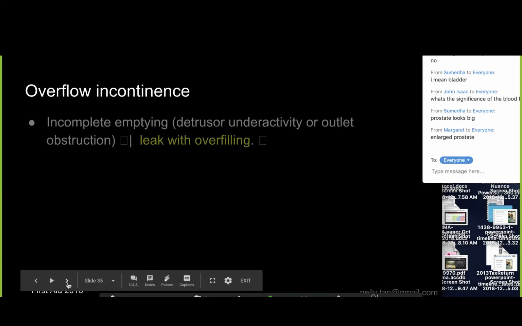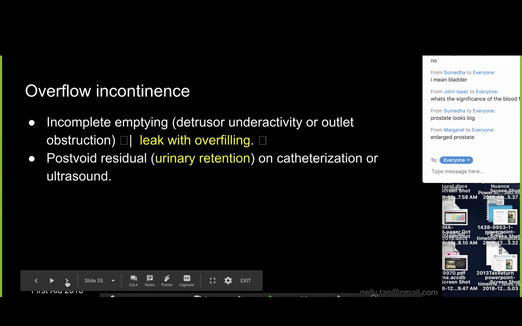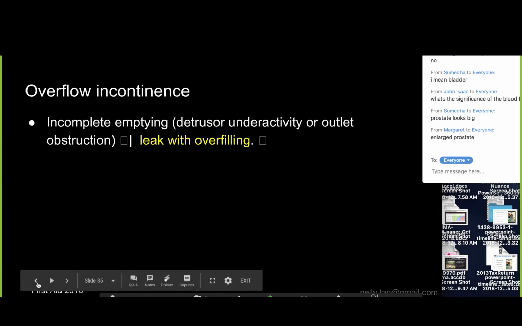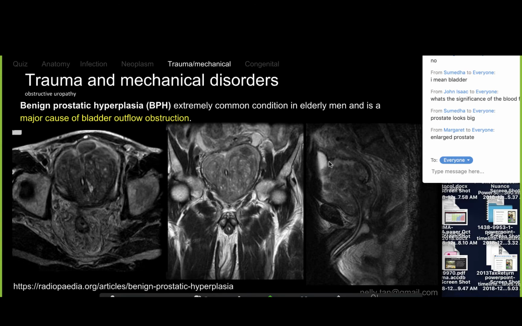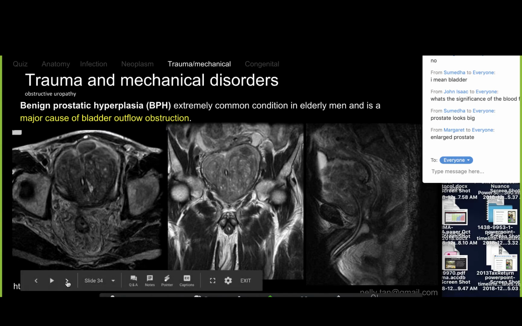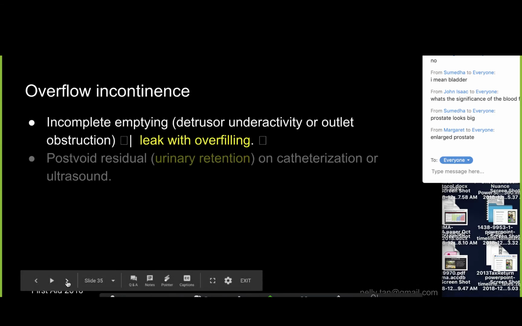In contrast, we can have overflow incontinence. There are different phases of urinary dysfunction. Here we have obstruction. With obstruction, eventually it can cause irritation of the bladder, and there are different kinds of problems that can occur from chronic obstruction.